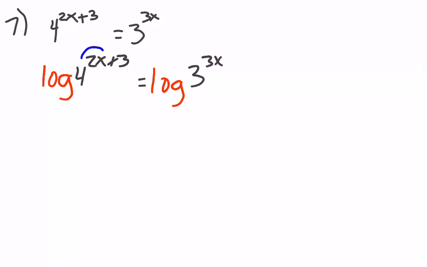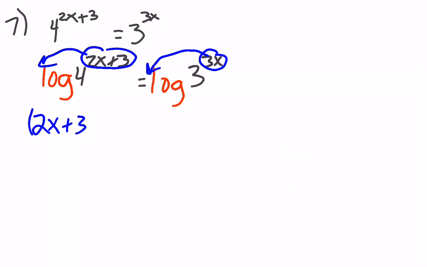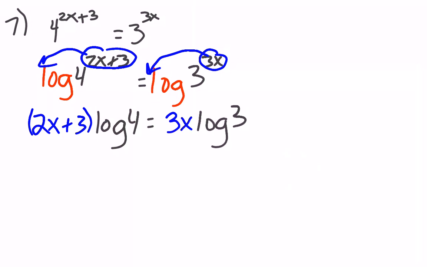Now I'm going to bring both of my exponents to the front. So parentheses 2x plus 3, like my dramatic touch there. (2x plus 3) log 4 equals 3x log 3. And now you'll see we have x's on both sides of the equal sign.